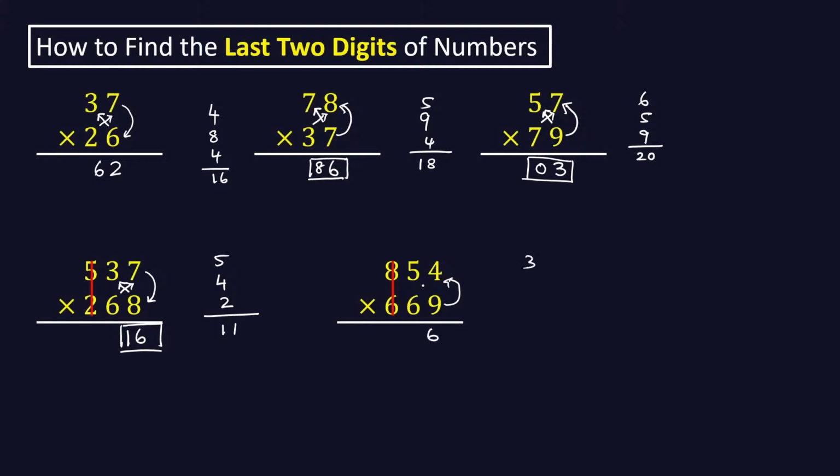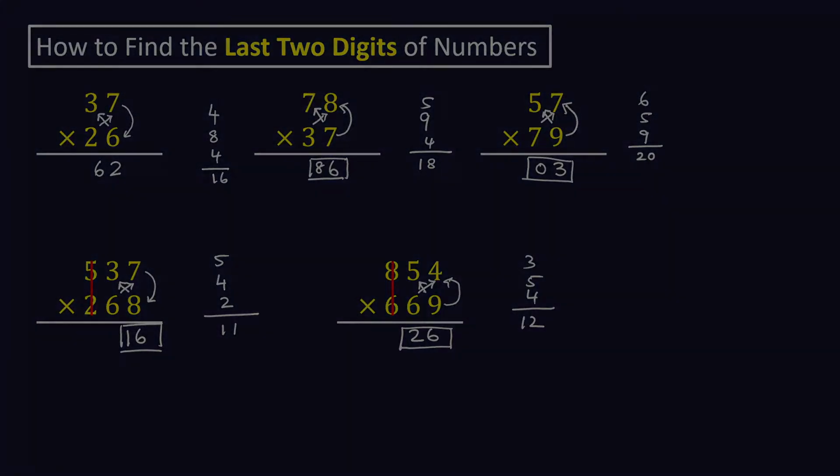Then crisscross multiplication, 9 fives are 45, write 5 only. 6 fours are 24, write 4 only. And add this 3, we are getting 12. Therefore, the last two digits when 854 is multiplied with 669 is 26.